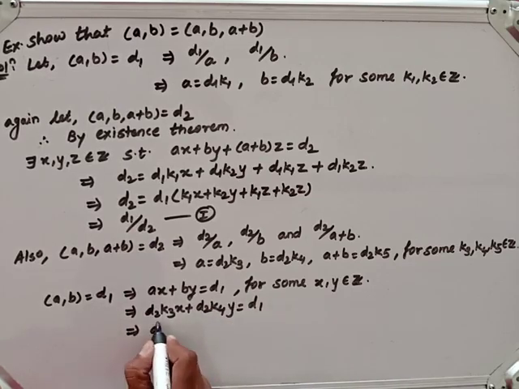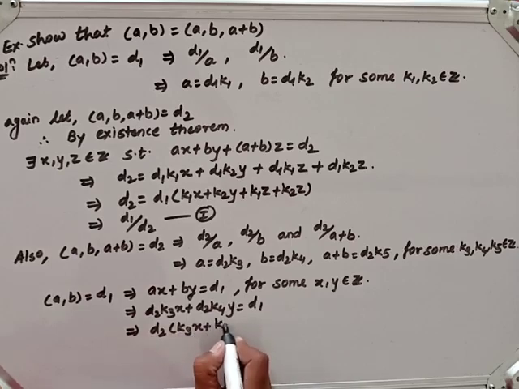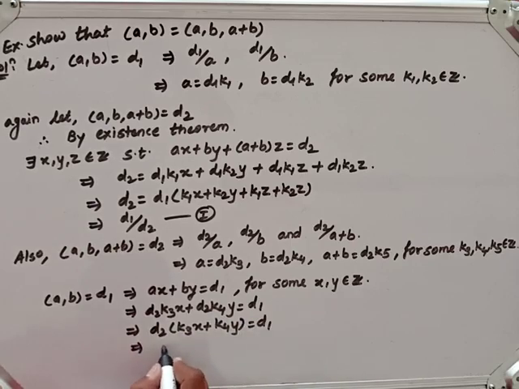So this gives d2 into k3x plus k4y equal to d1. So this gives d2 divides d1. Call it as equation number 2.